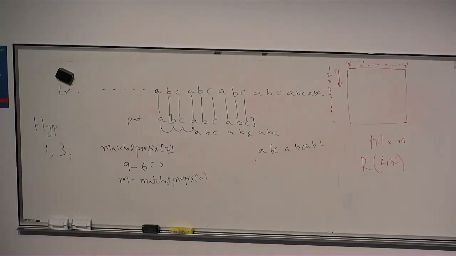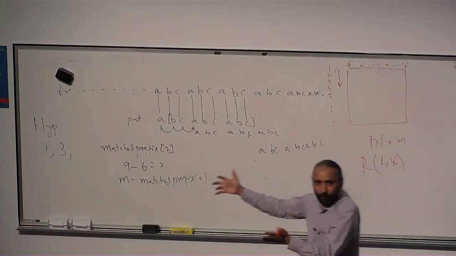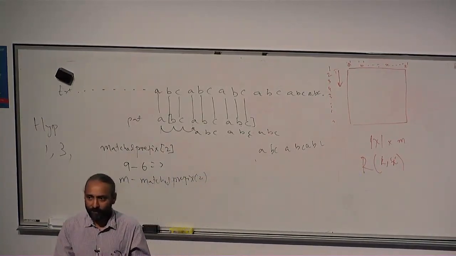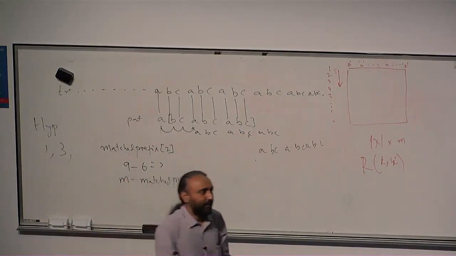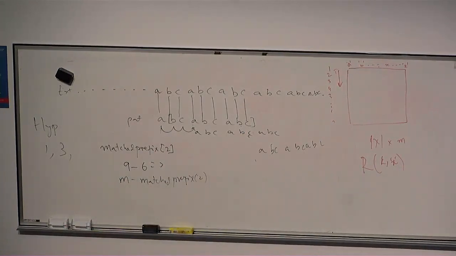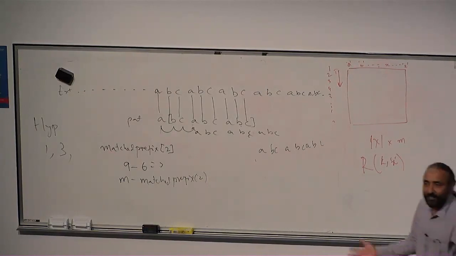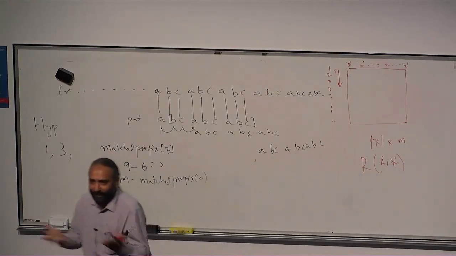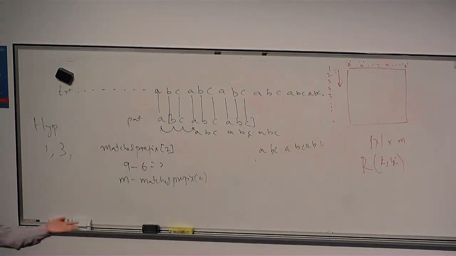When that happens, what you're trying to find is the longest proper suffix in that green box that matches the prefix. Once I found that, I would just shift such that the yellow boxes line up. There's nothing more to it.